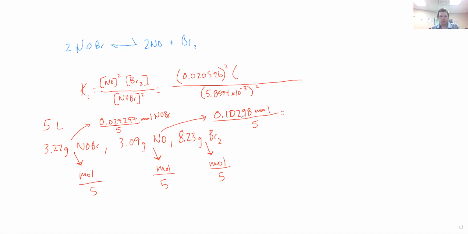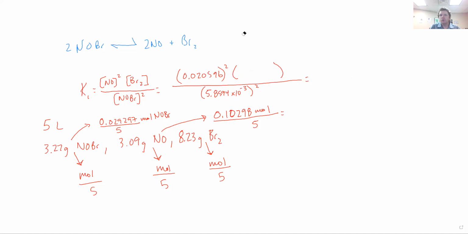Now Br2, I've got 8.23 grams, so I need to type in that 8.23. 8.23 grams of that is equal to 0.051499 moles. So I'd plug all that in, and that's going to give me my K sub C, my equilibrium constant. Oh, wait, almost made a mistake.